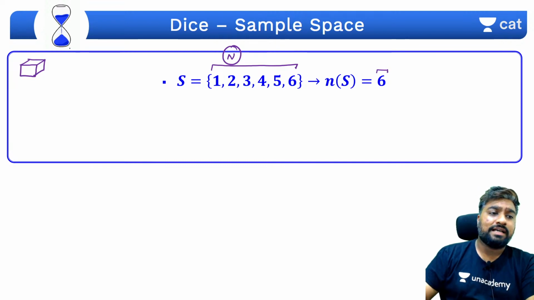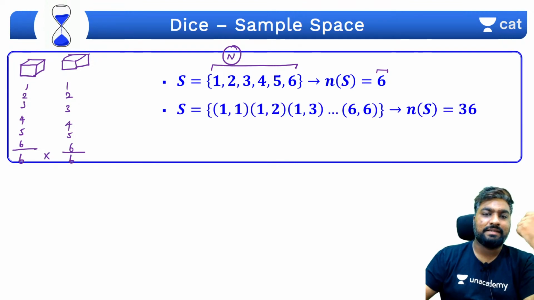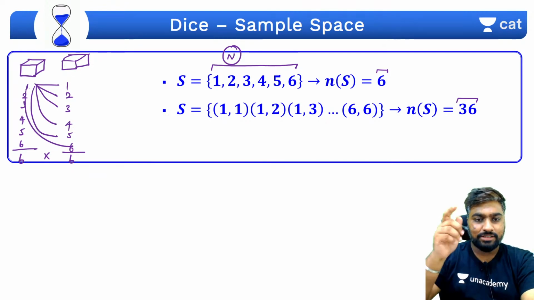Then if 2 dice are rolled, what would happen? There are 1, 2, 3, 4, 5, 6 possibilities on the first, and on the second dice also you will have 6 possibilities. So 6 times 6, there will be 36 possibilities. You will have 1,1; 1,2; 1,3; 1,4; 1,5; 1,6; 2,1; 2,2; 2,3; 2,4; 2,5; 2,6, and so on.